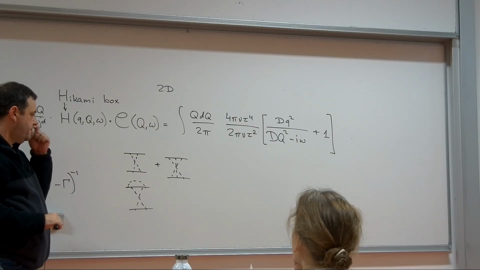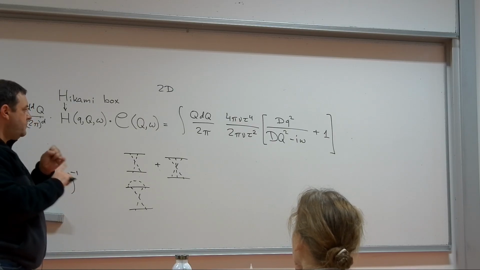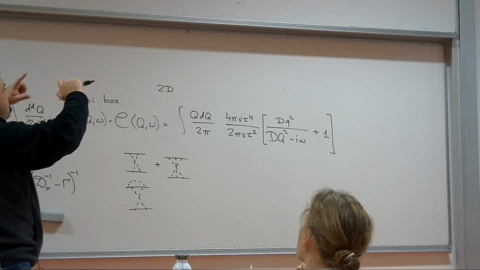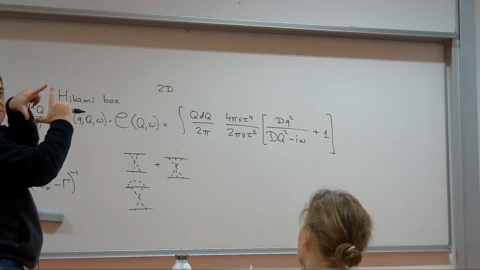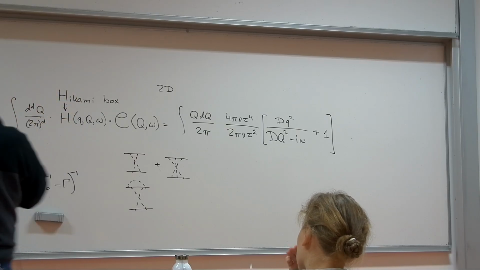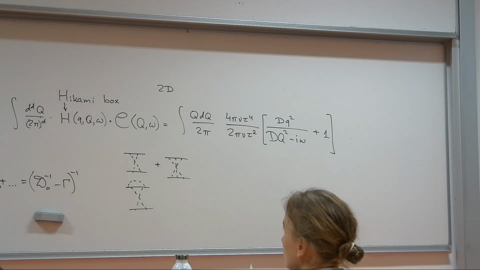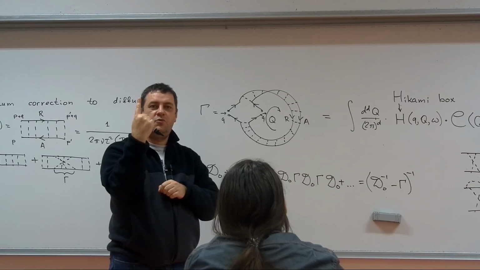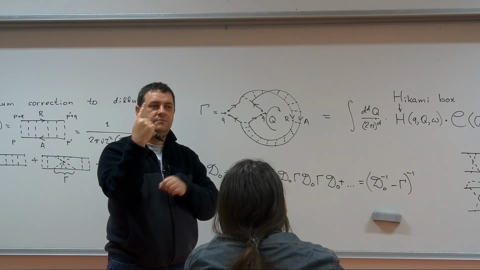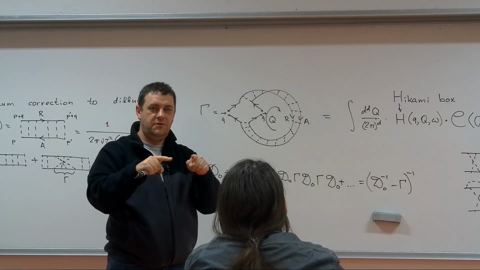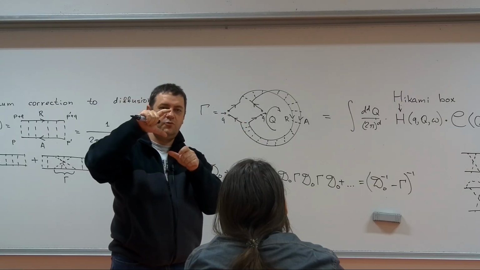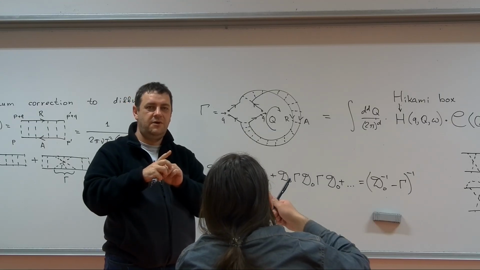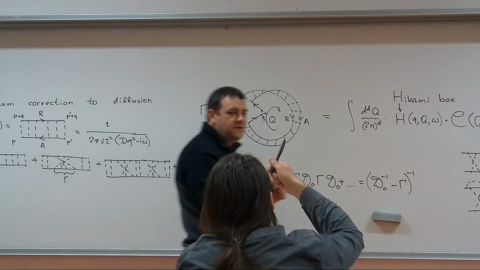Now the question: what will happen if I take for the Hikami box the first diagram, which is just 4 Green functions, and for the Couperon, which I insert inside here, I will take a ladder with just 1 dashed line? How will this diagram look?